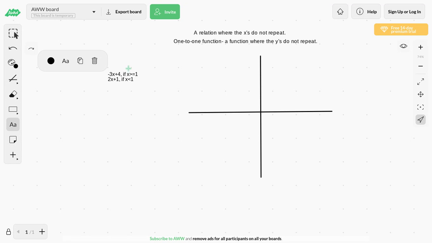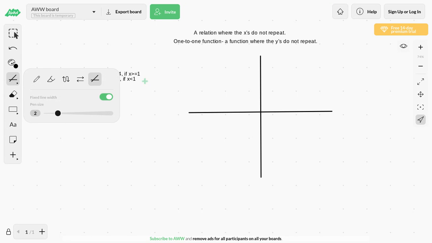Okay, so let's start this off by drawing our imaginary line. So it's at 1. So right here. Okay, right there. Let's start off with our first line.